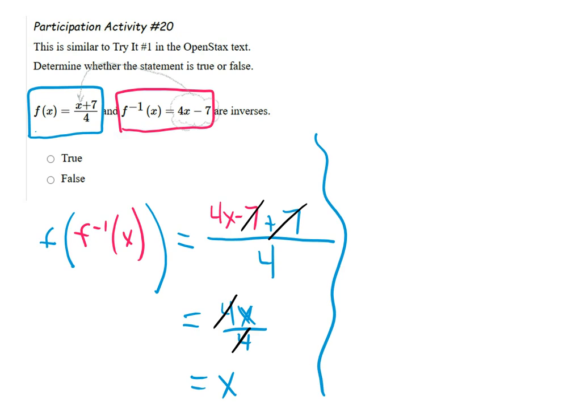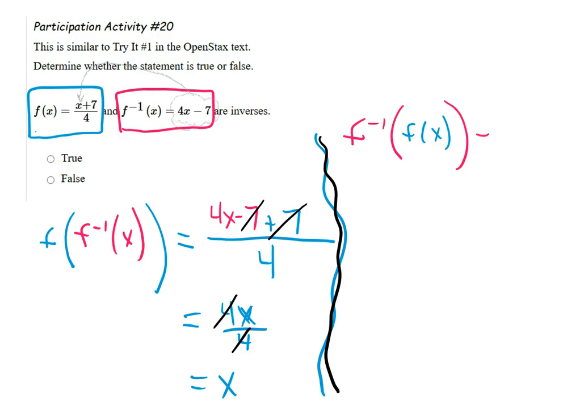But in order for them to truly be inverses of each other, you have to do the other one also. You have to calculate f negative 1 of f of x. You got to put the blue one into the red one.